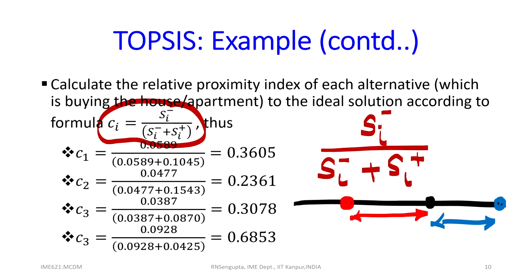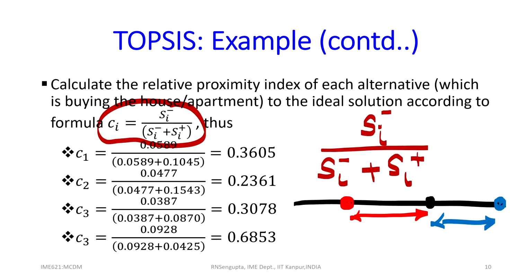Now, if the negative distance is 0, obviously the negative proximity would tend to 0, because in the numerator you have a very small value which can be taken as 0. That is when the black point, the decision alternative, is on the most negative one. If it is positive, then obviously the other set of calculations will come up, which I will show within a few minutes. So, based on that I find the negative distances.